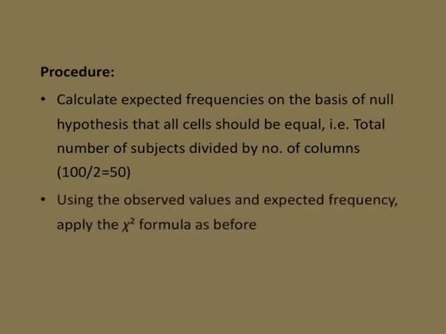Using the observed values and the expected frequency, apply the chi-square formula as before. Next, calculate the degrees of freedom, which is C minus 1, that is column minus 1.